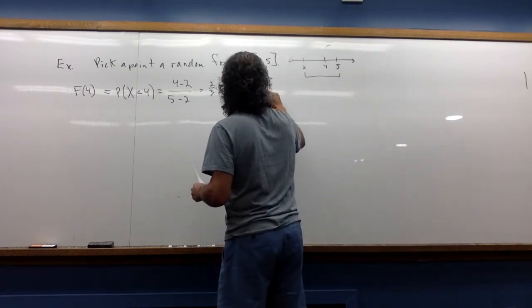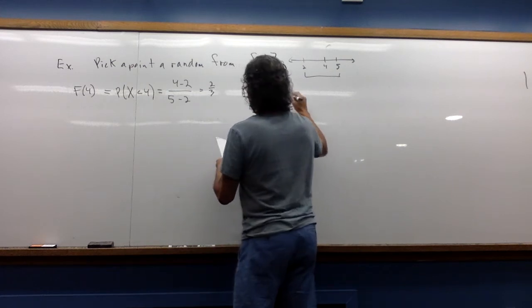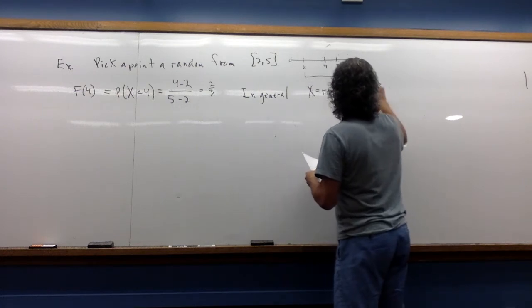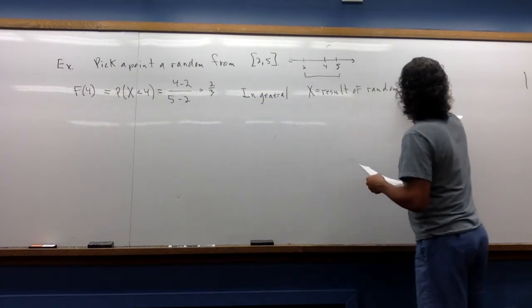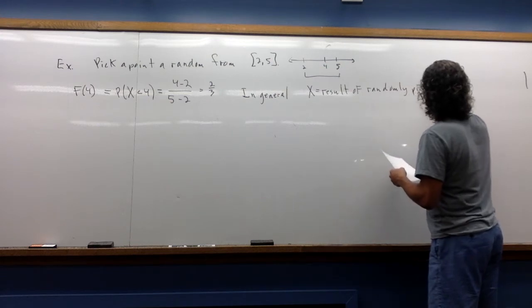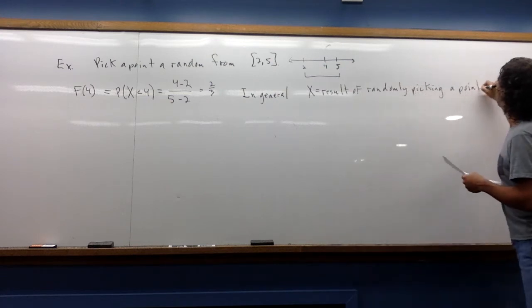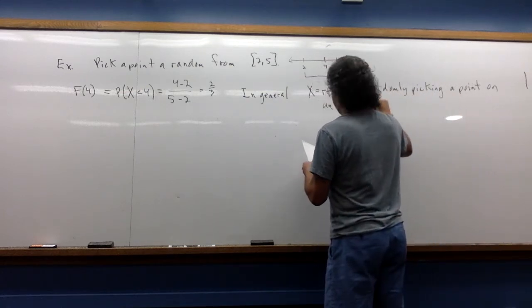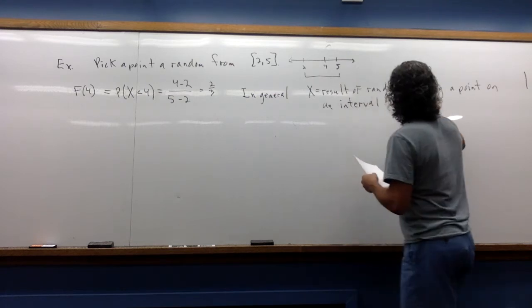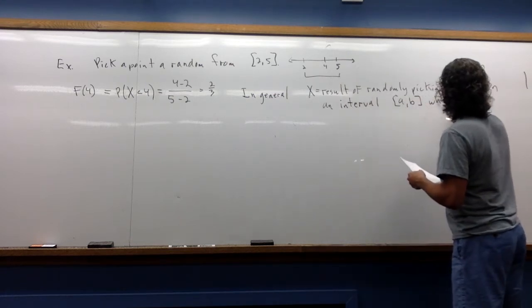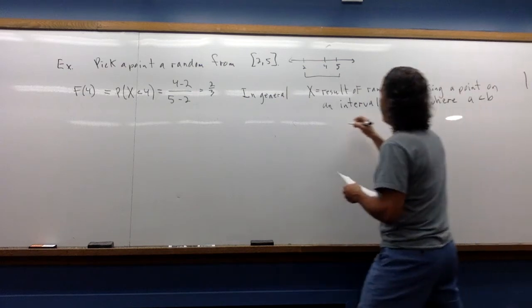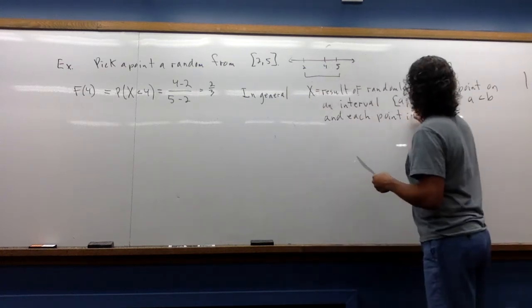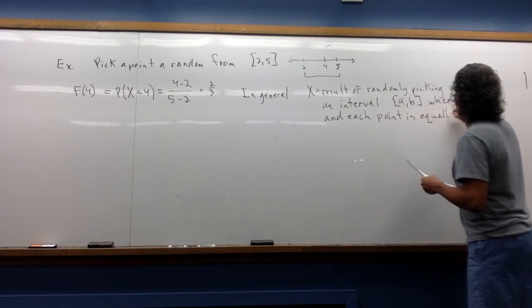So in general, let x be the result of randomly picking a point on an interval a to b, where a is less than b, and each point is equally likely.